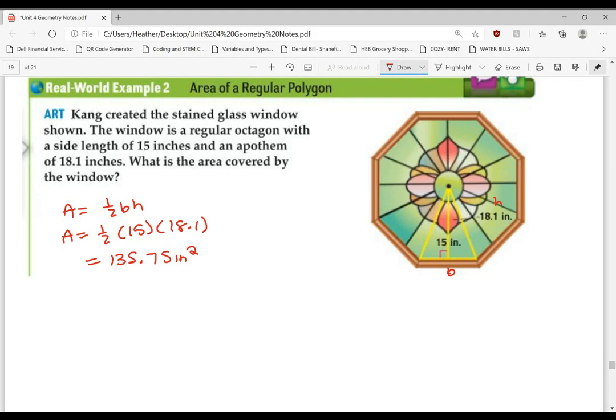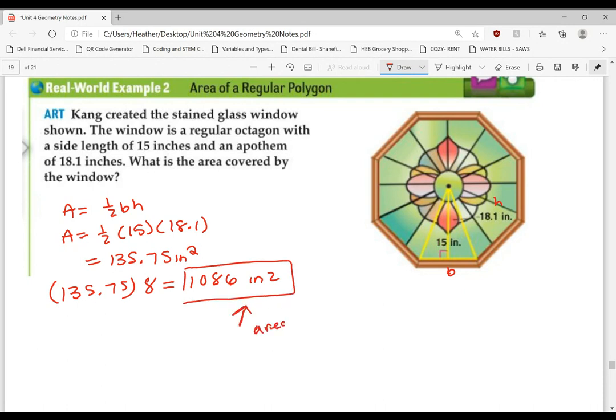Now we need to multiply the area of one triangle by the total number of triangles. Since there are 8 triangles, we multiply by 8. We get 1,086 square inches. So this is the area of the entire window.